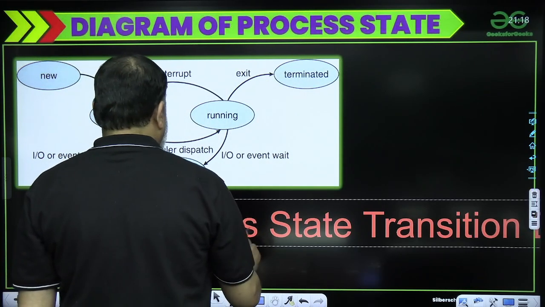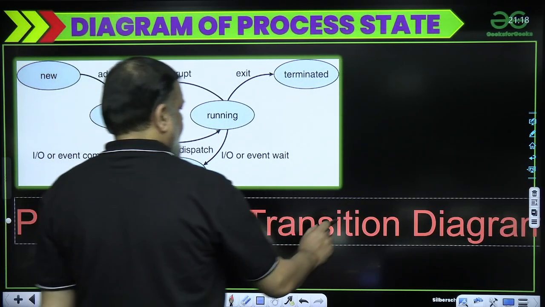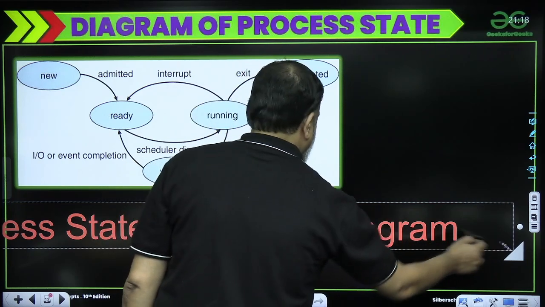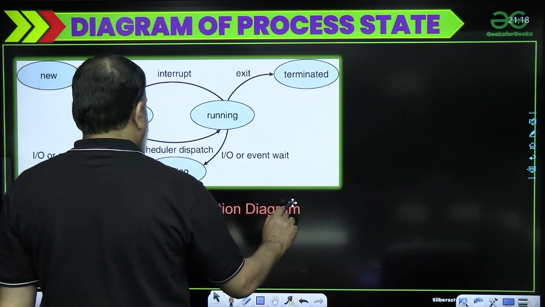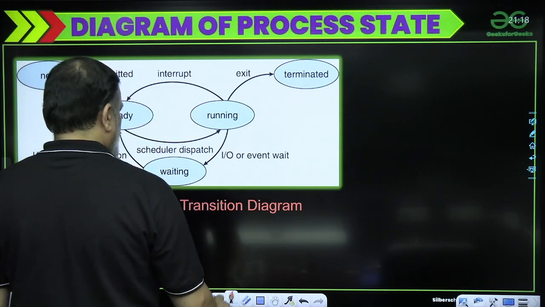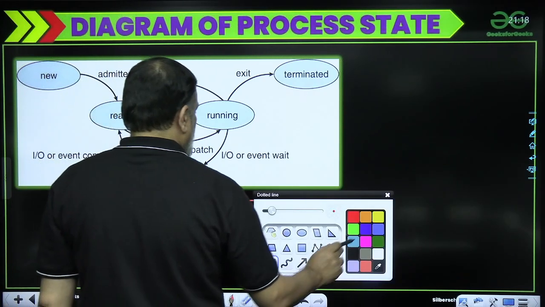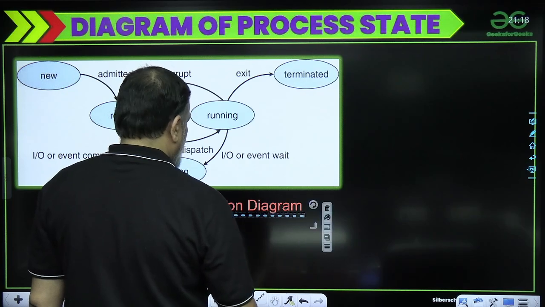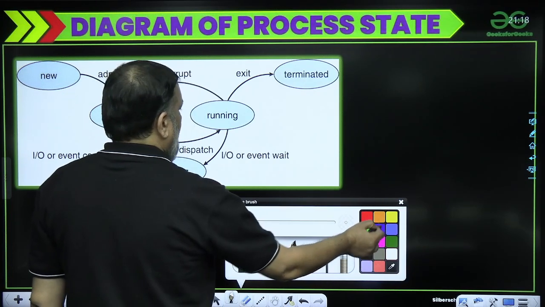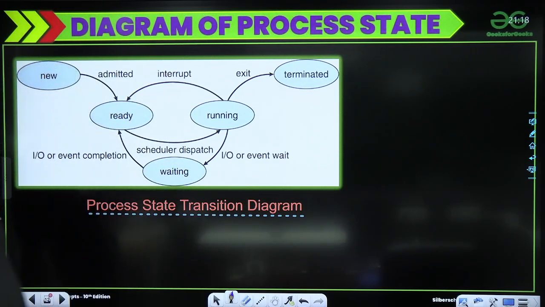So let me bring it here. Okay, process state transition diagram. That means showing the transitions that the process can make during its lifetime as it goes from one state to another state. So it's a very clear diagram.